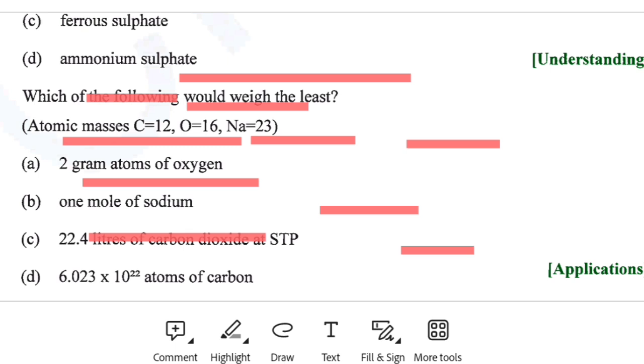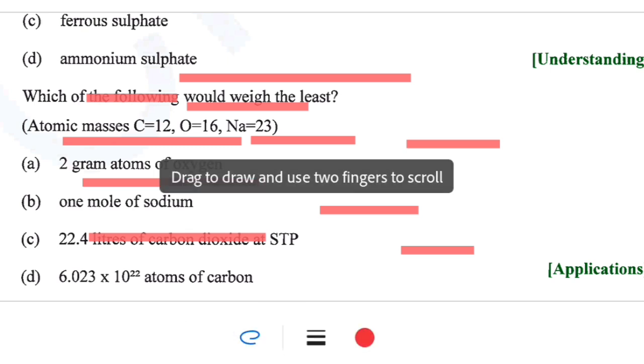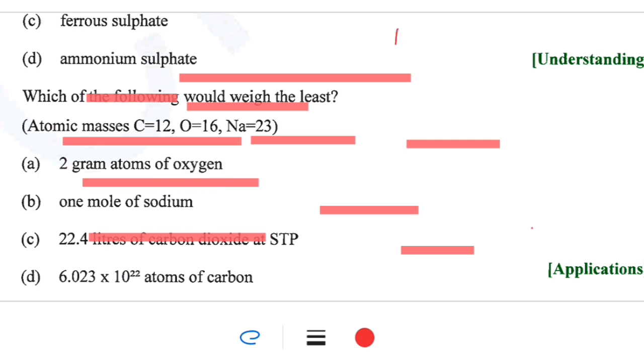For 1 gram atom of oxygen, we must know how much it is. 1 gram atom of oxygen is equal to 16 grams.